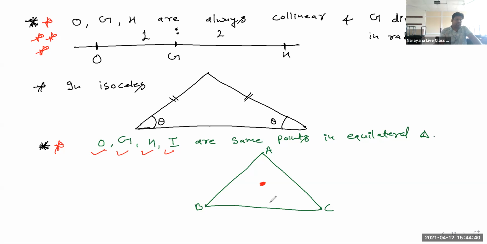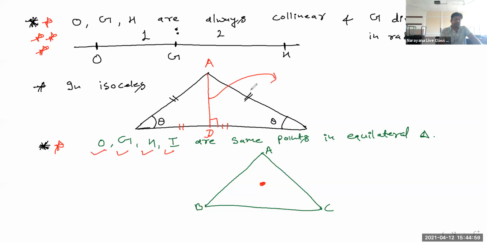So in an isosceles triangle, you can say altitude, median. So you can say AD. AD is median as well as altitude and as well as perpendicular bisector.